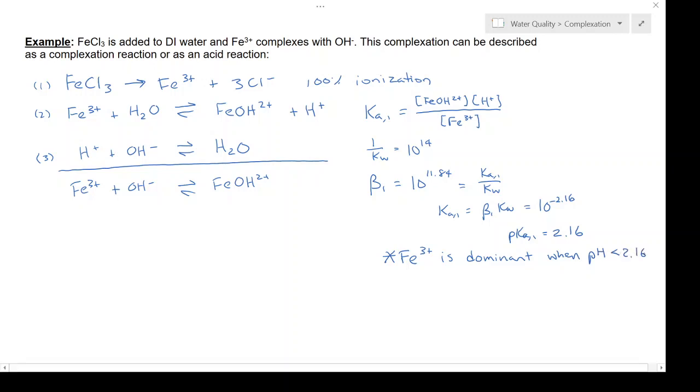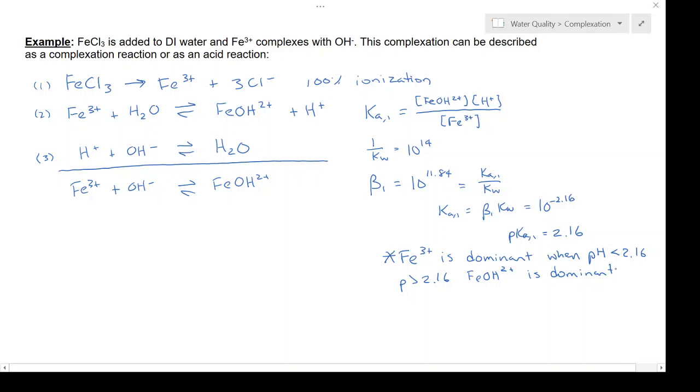So only when the pH is less than 2.16 is the Fe3+ going to be dominant, and then above, so pH greater than 2.16, which would be most natural waters, the ferric hydroxide complex is dominant.